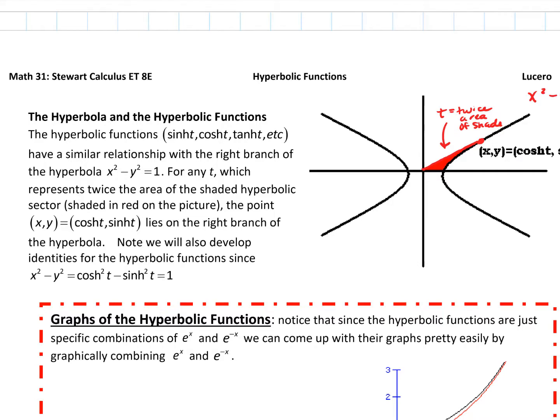And so if that were the case, if that's what x and y are, if we plug in x and y, we get this first identity that connects our hyperbolic functions.